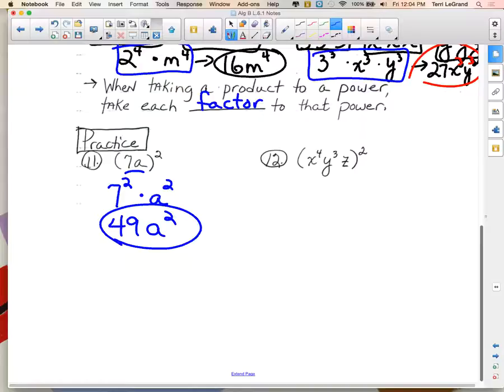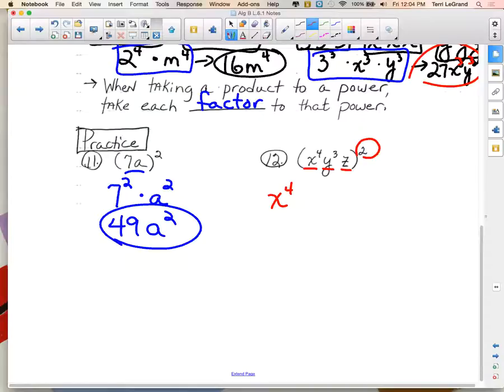Okay, how many factors do we have in number 12? 3. To start out with, in our multiplication problem here, we have this factor, and this factor. So each of them gets their own power. So we're going to do x to the 4th power. It has to be raised to the 2nd power, so what are we going to have to do with that x to the 4th?